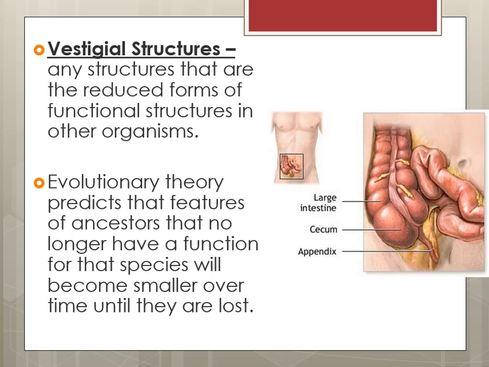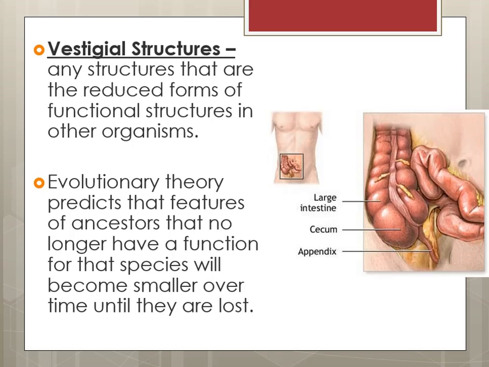Now, the theory around the human appendix is that it was an additional part of the digestive system when our diet was mostly based on plants. If you look at the digestive system setup for plant eaters, they have more than one stomach in order to digest plant material. Our system as it is now is actually more closely aligned to that of a carnivore system.